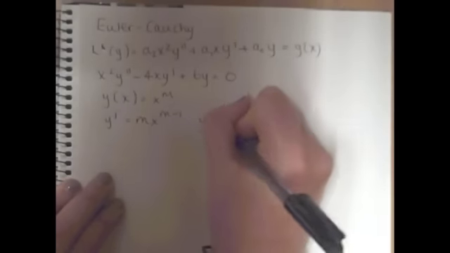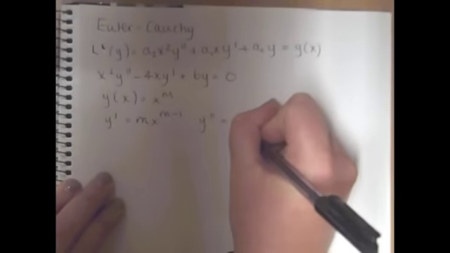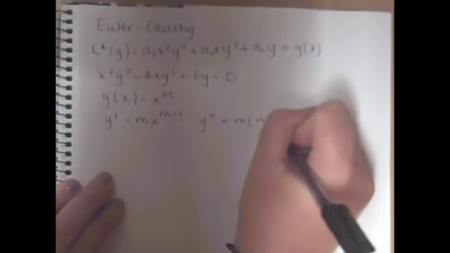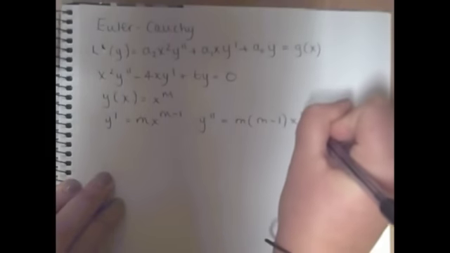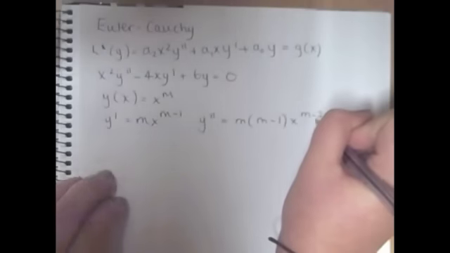Differentiating this, we get y' = m x^(m−1), and again y'' = m(m−1) x^(m−2).